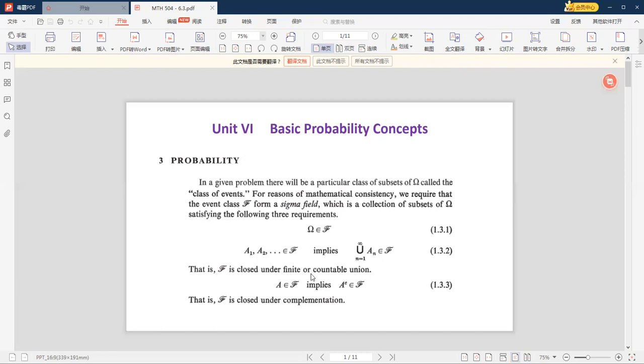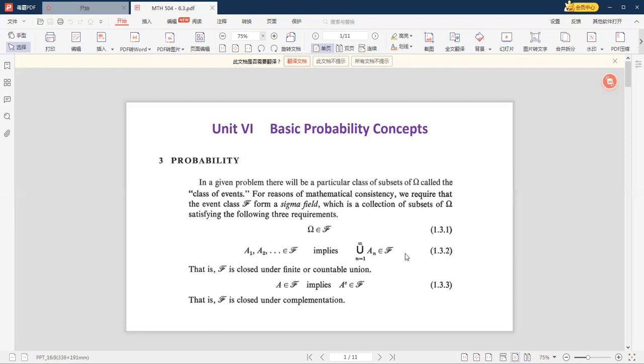So that's a good, important thing. Countable union. Okay, you can only talk about the countable union. If it's uncountable, then that's not the property. If you remember real analysis, countable, uncountable: for example, integers and rational numbers are countable, but the real numbers are not countable, right?